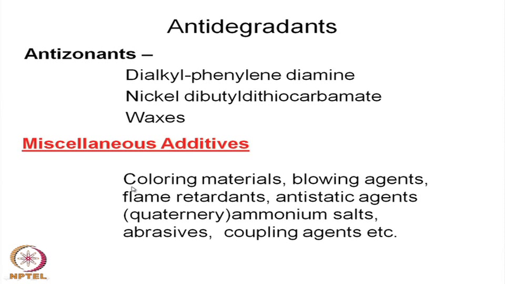These are coloring materials, mostly pigments or dyes, to develop attractive color and bring aesthetic appeal to the rubber product. It can be yellow, red, brown, green, or blue, whatever color is required can be developed by using coloring material.